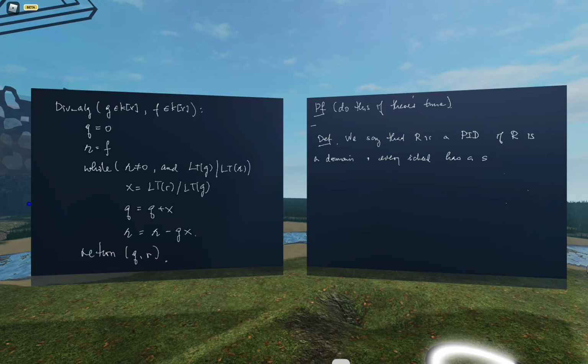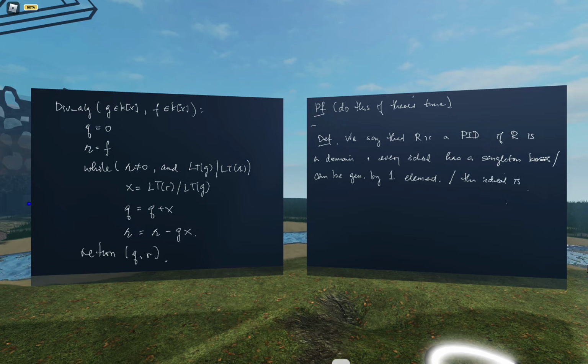I was going to say PIR, principal ideal ring, but that felt wrong. Has a singleton basis. Right, so every ideal can be generated by one element. That's a really ugly one element. And we always say that the ideal is principal.